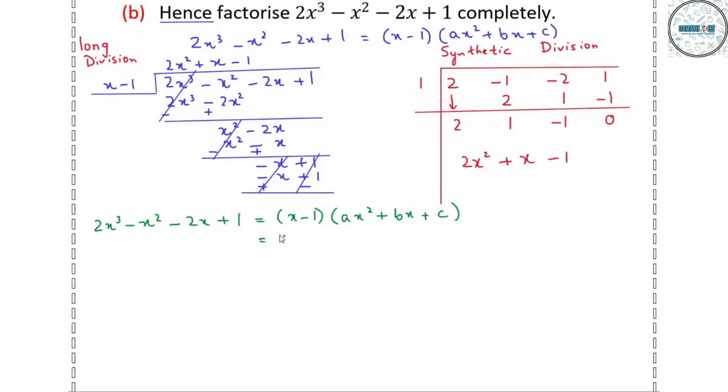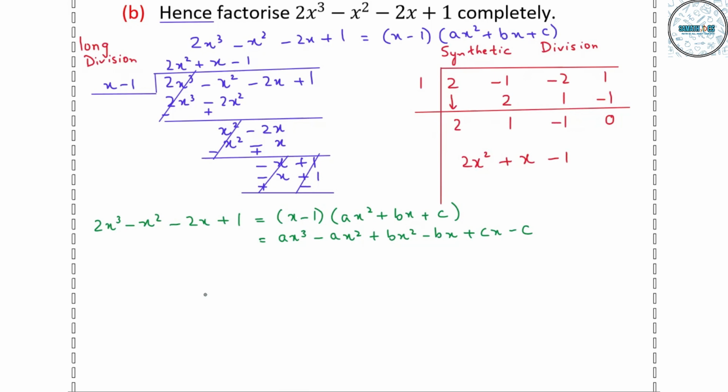So we will get ax cubed minus ax squared plus bx squared minus bx plus cx and minus c. We have multiplied each term of this bracket by each term of the second bracket. x is multiplied and then minus 1 is also multiplied by all the terms.